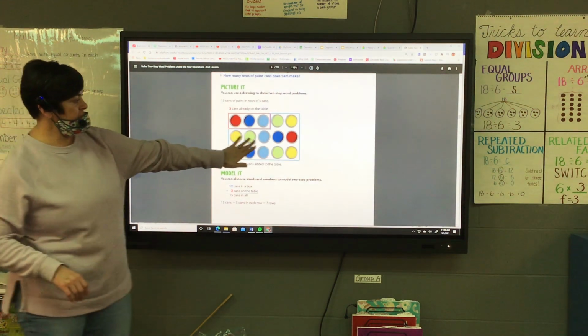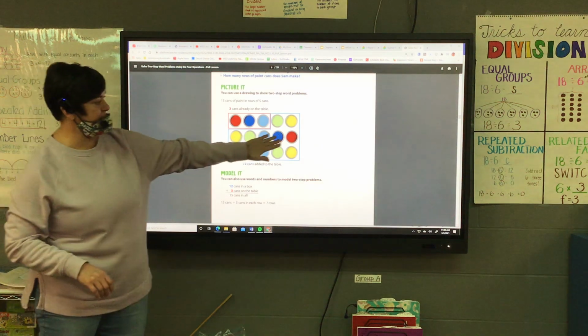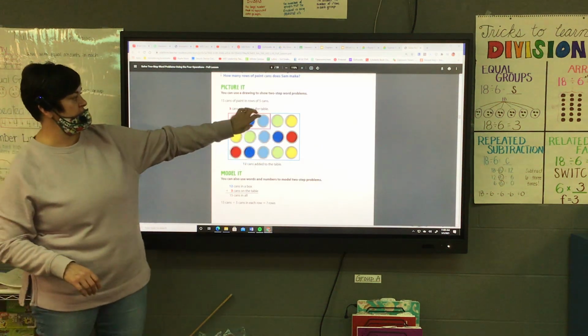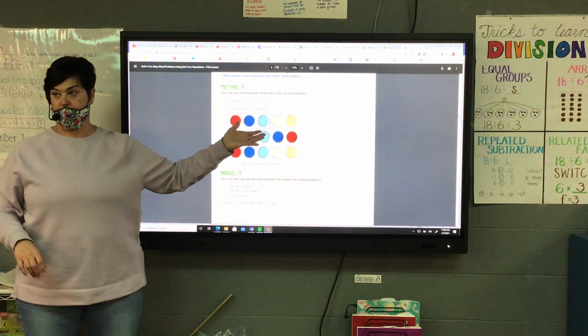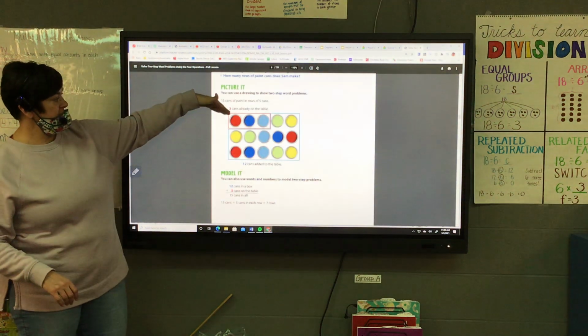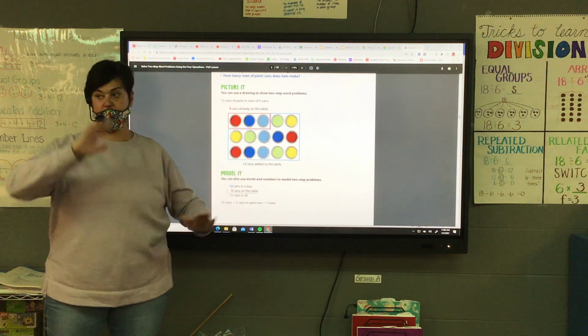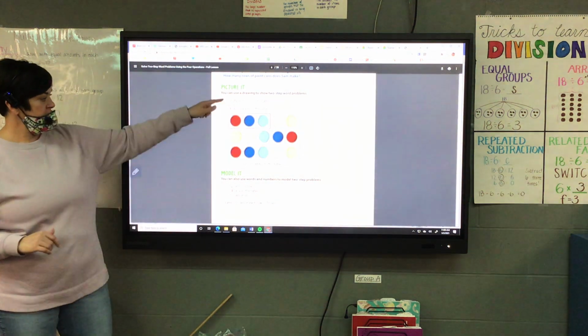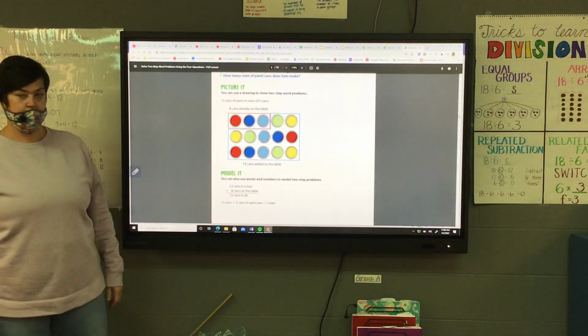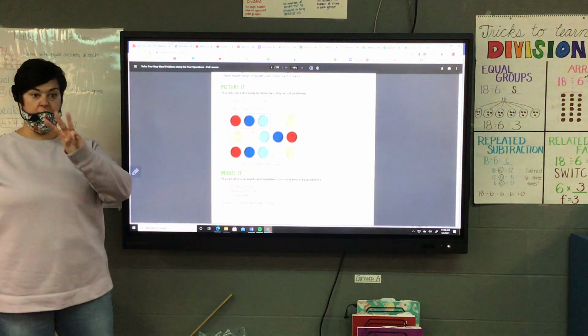Well, look here. They're showing us, here's the 12 that Sam has, and here's the 3 that were already on the table. Okay, so he started out 1, 2, 3, 4, 5, because there's 5 in each row. So how many rows is this? 3 rows, right?